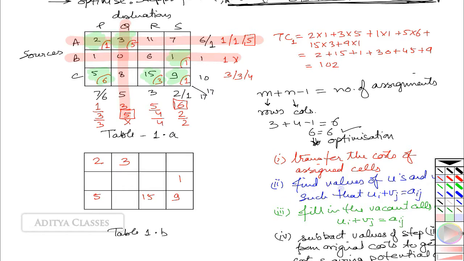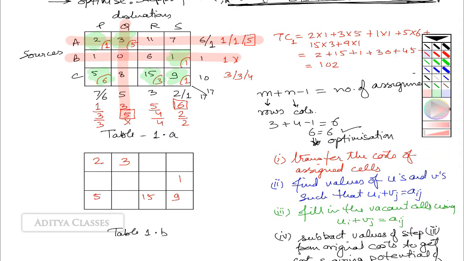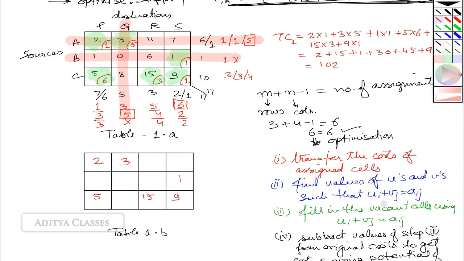Second step is find values of U's and V's such that Ui plus Vj is equal to Aij. Now it looks complicated when we say U and V, but it is a very simple thing. These will be U values and these will be V values. What are these U values?